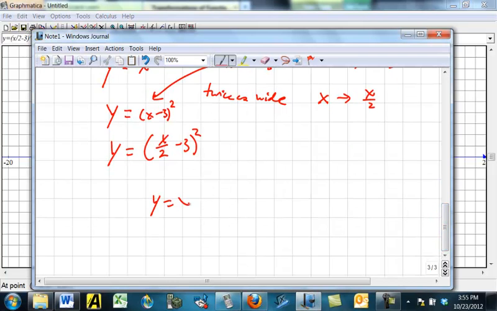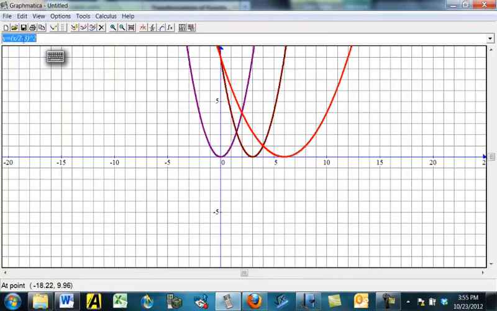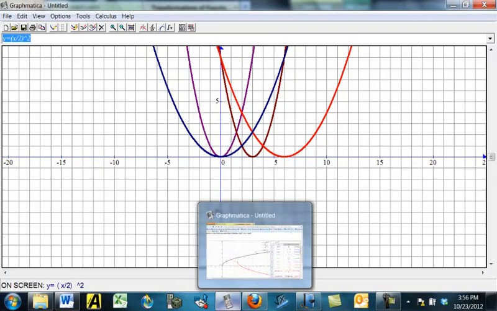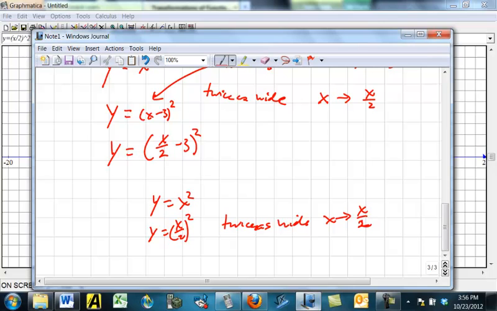So if we start with y equals x squared, and then the first step we make it twice as wide, so replace x by x over 2, we get y equals x over 2 quantity squared. And let's take a look at that. So there's our first step. We made the purple one twice as wide, and then we're going to shift that one by 3.